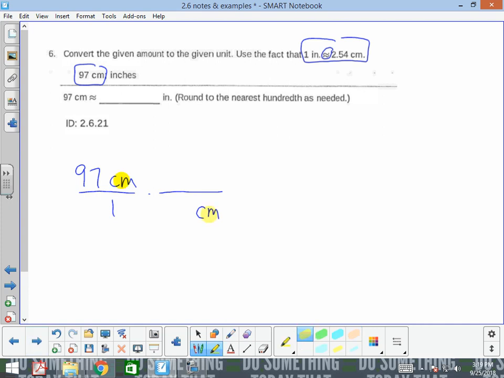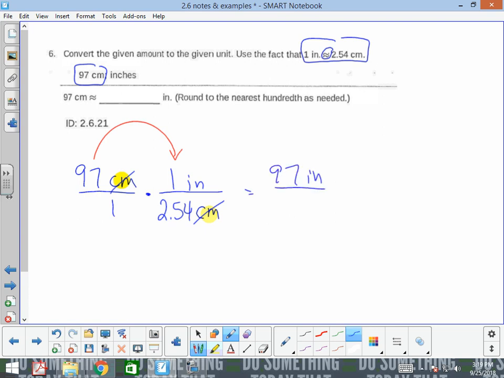So I want them to be in different places. There's 2.54 centimeters approximately in 1 inch. Notice I'm multiplying. So I'm going to cancel my centimeters and I'm going to multiply top. 97 times 1 inch is 97 inches. And then on the bottom, I'm multiplying 1 times 2.54.